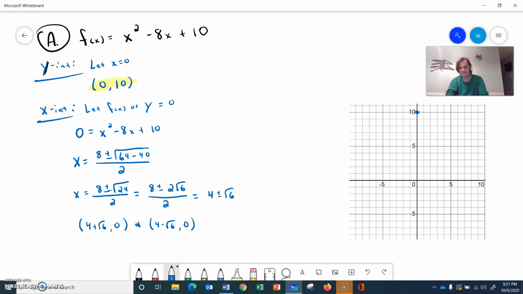Now I have to graph those. So let's get an approximation from the calculator. 4 plus square root of 6 is about 6.4, since we're rounding off anyway. And the other one, 4 minus the square root of 6, is about 1.6.